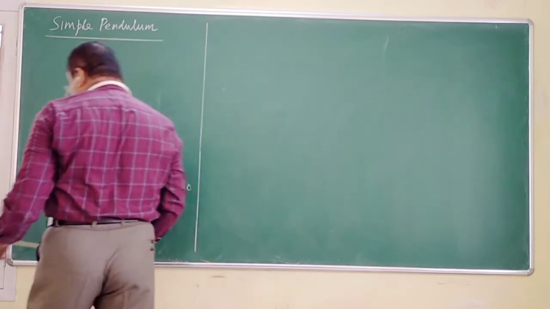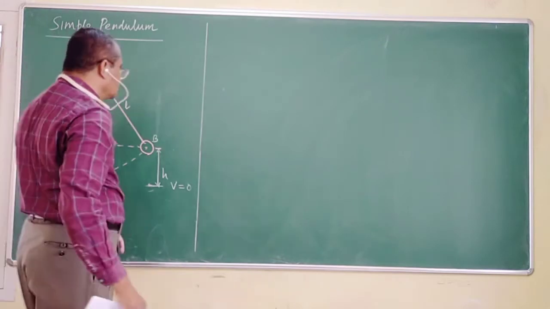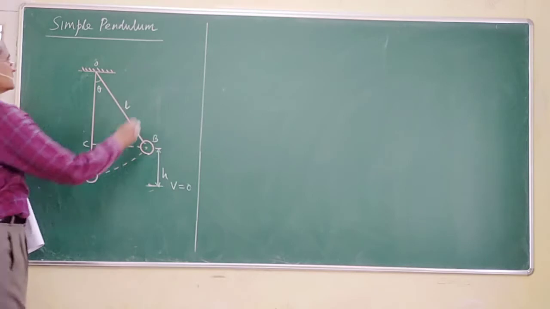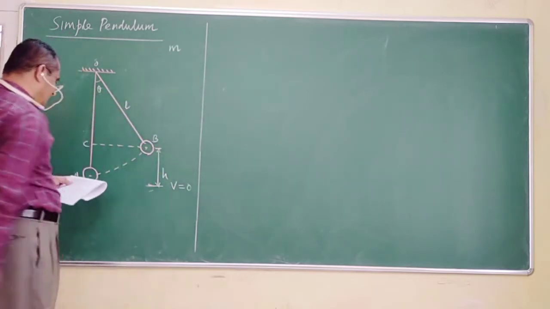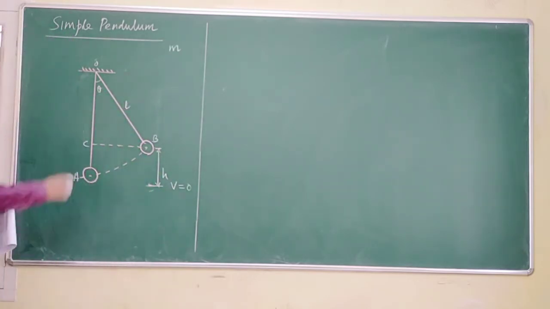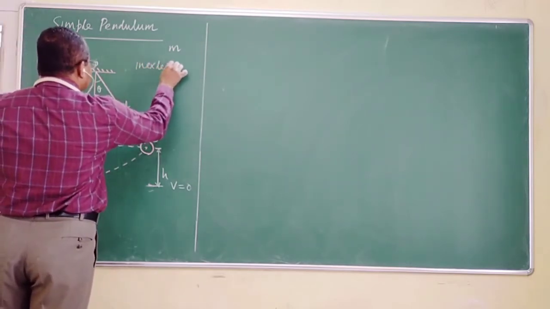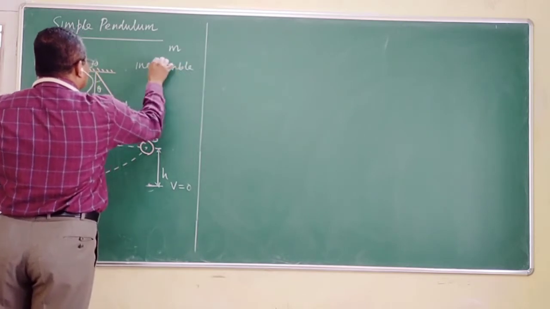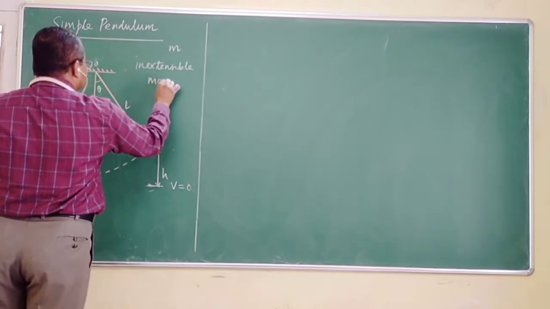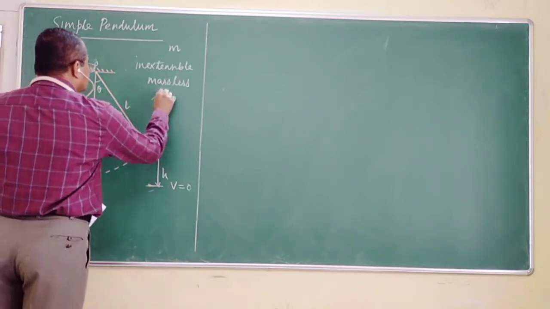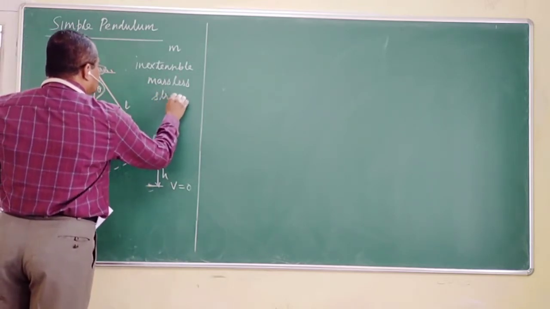Before we start, I would like to tell you a few assumptions we make here in applying Lagrange's equation. We consider this metal bob of mass m. This is attached to an inextensible, massless string.